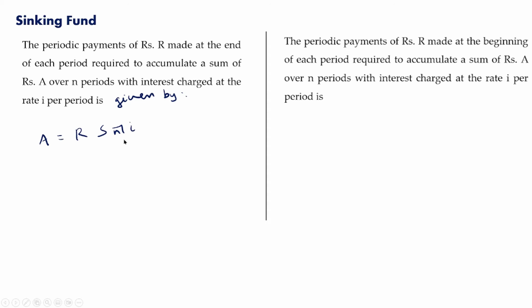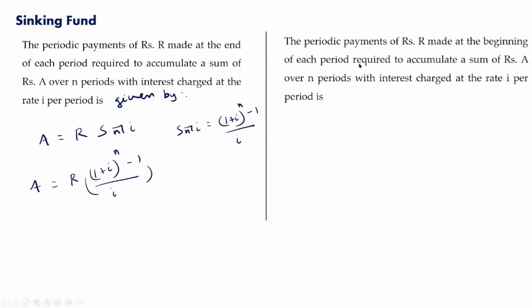The formula for this is nothing but 1 plus I the whole raised to n minus 1 upon I. So we can write this as A is equal to R into 1 plus I the whole raised to n minus 1 upon I. So using this formula, we can find R when A and I are given. So this is the formula when the periodic payments are made at the end of each period.